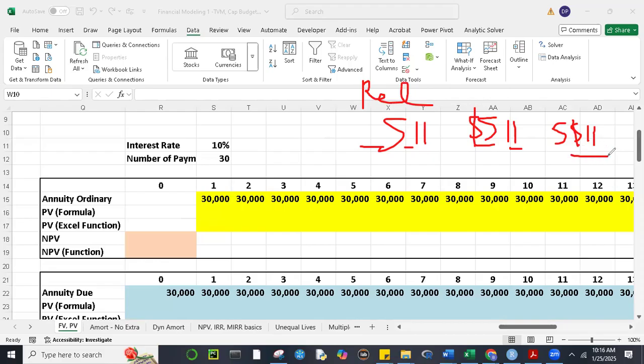This is now absolute, row 11, and this is now relative. And if you have $S$11, this is both absolute column position and absolute row position. So what do we mean by relative and absolute?